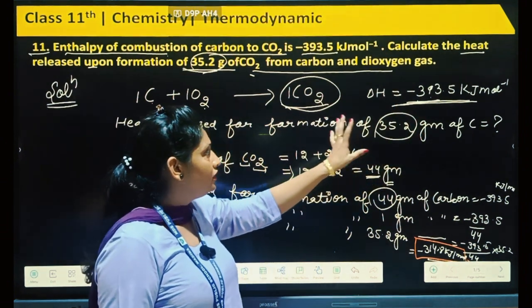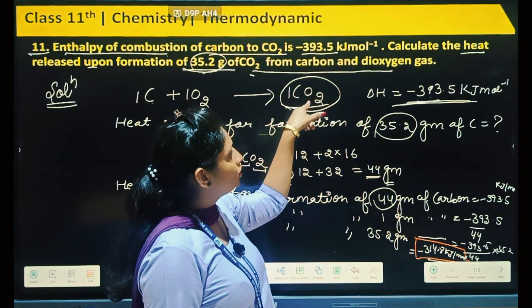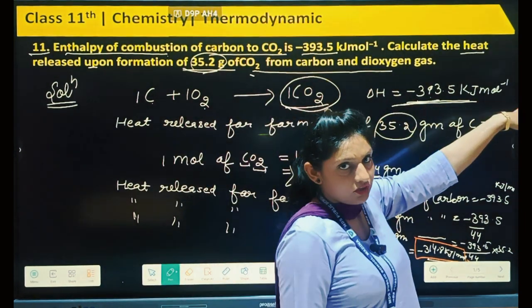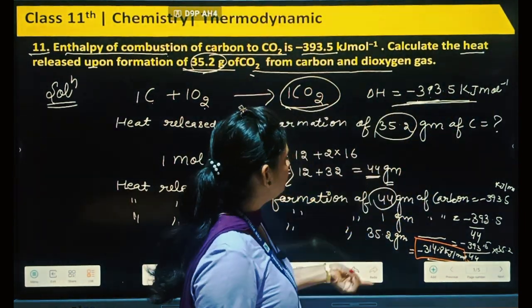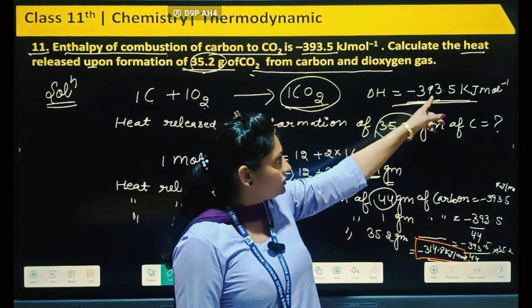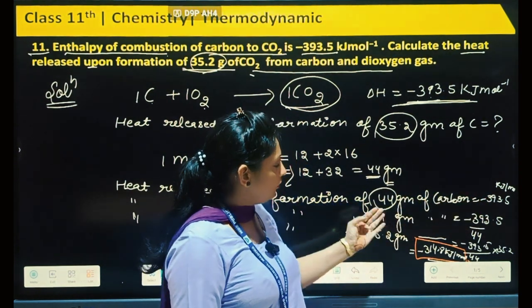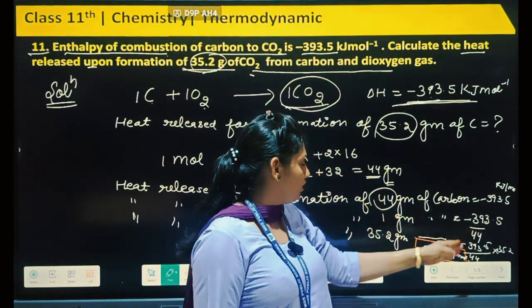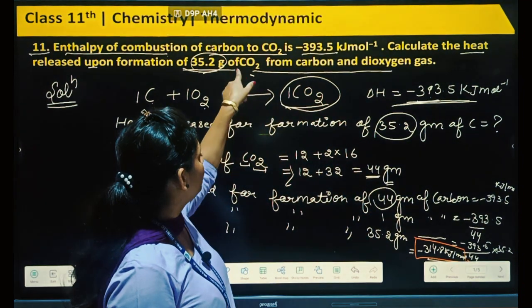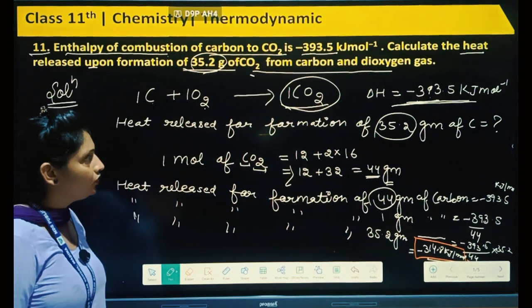Then students, for formation of 1 mole of CO2, the heat released is given to us, and 1 mole is equal to 44 gram. So we can say this heat is released during formation of 44 gram of CO2. Now for 1 gram this one, and for 35.2 gram we can calculate easily. I hope this question is clear to you.